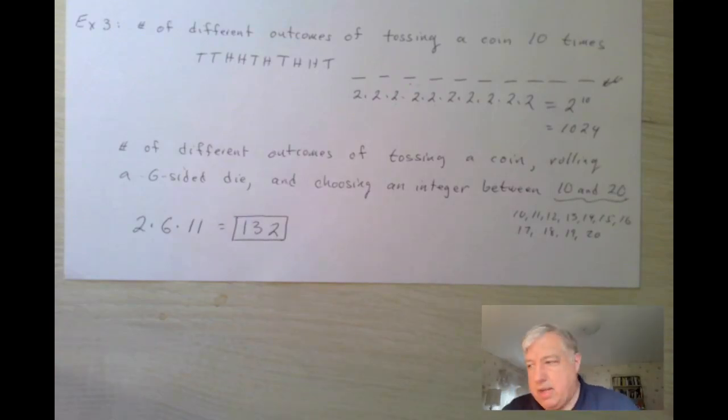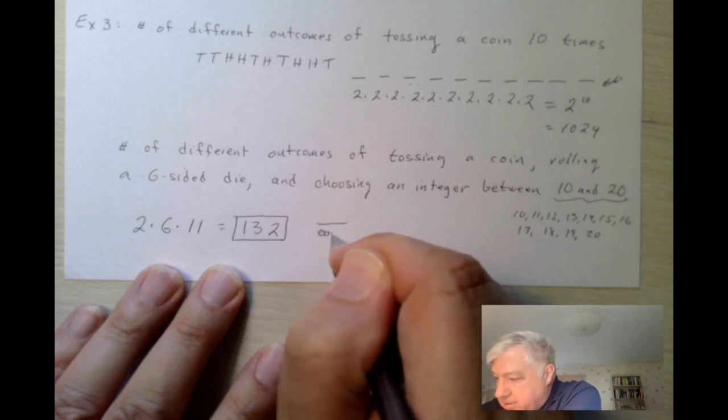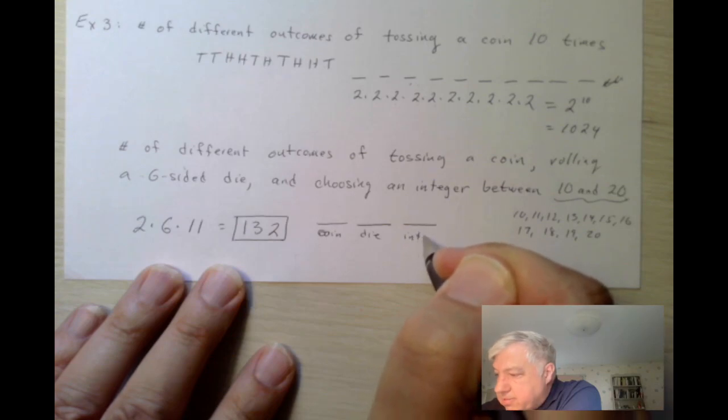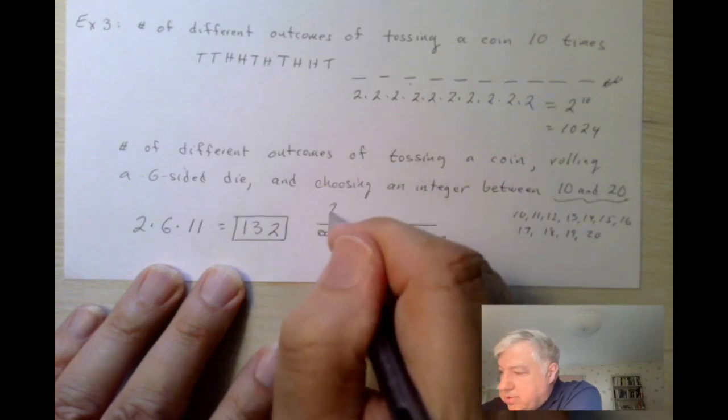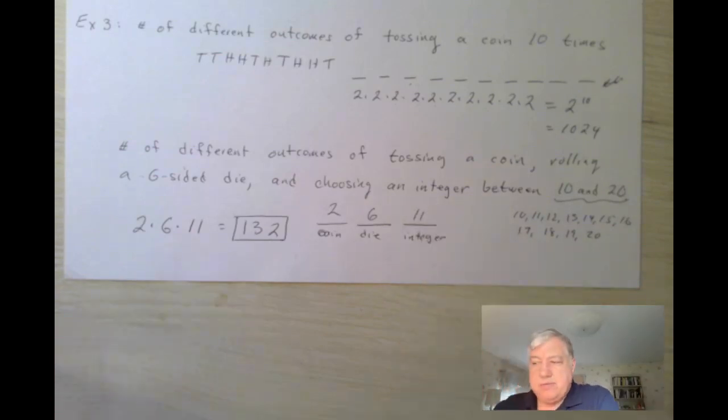Again, you can think of this as recording the outcome: here's one for the coin, the die, and the integer. The 2 goes here, 2 choices here, 6 possibilities here, 11 choices here.